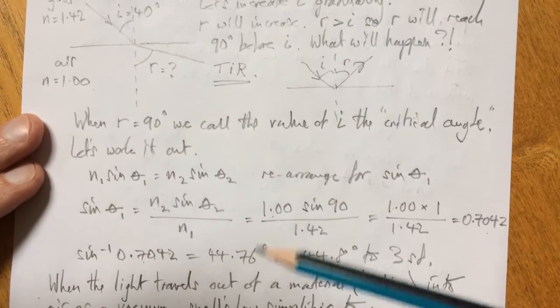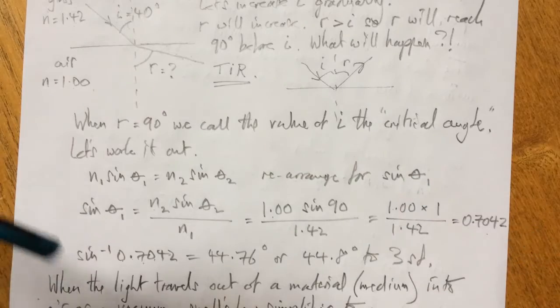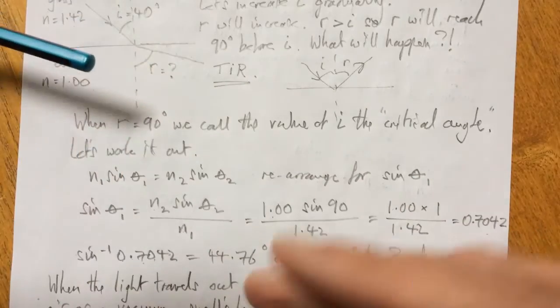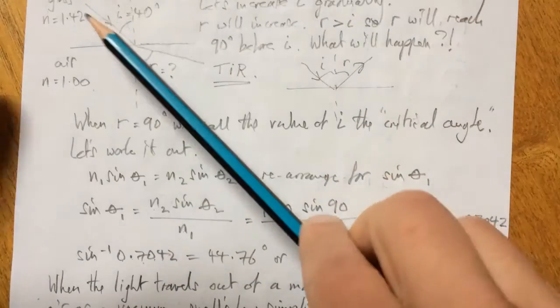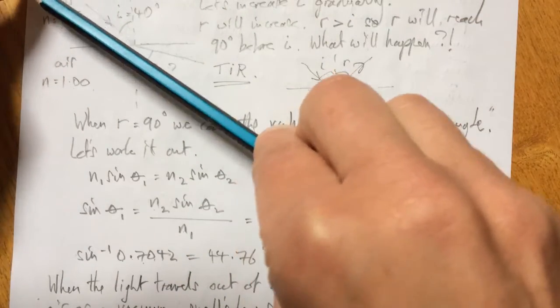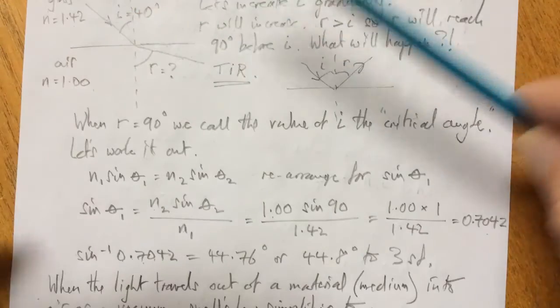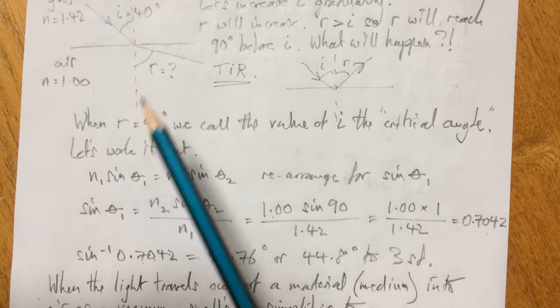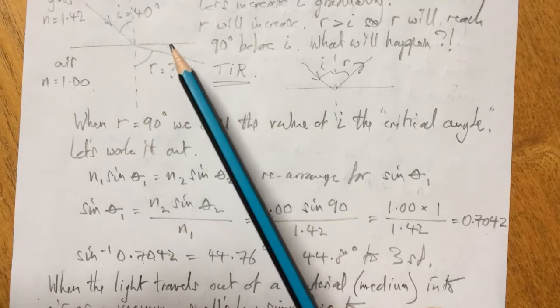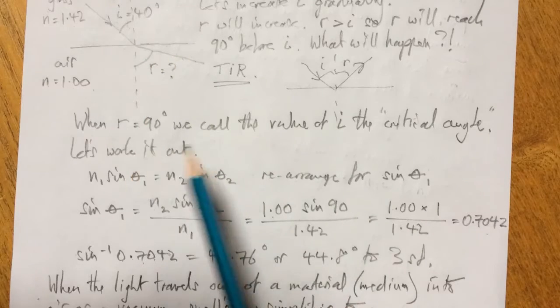Now, there's a special angle where that just starts to occur, where if you increase the angle of incidence any more, you get total internal reflection. In other words, this special angle, the critical angle it's called, is when the angle of refraction is 90 degrees.